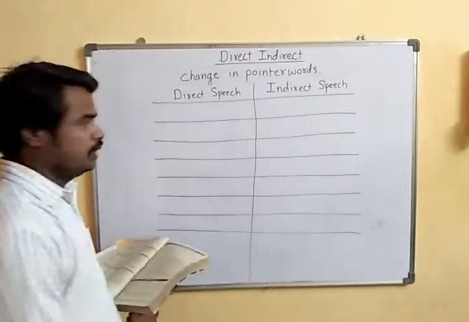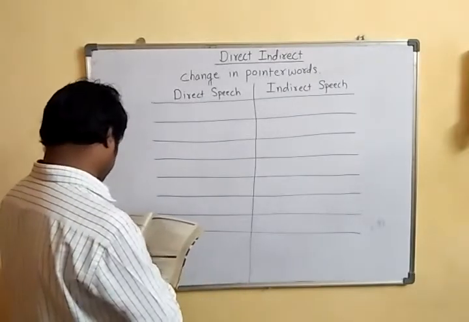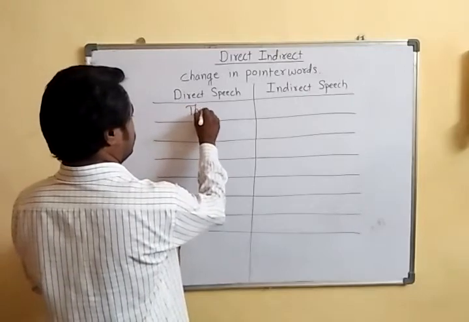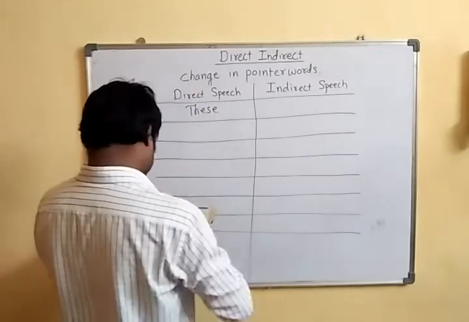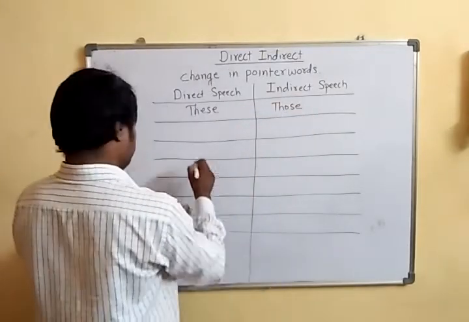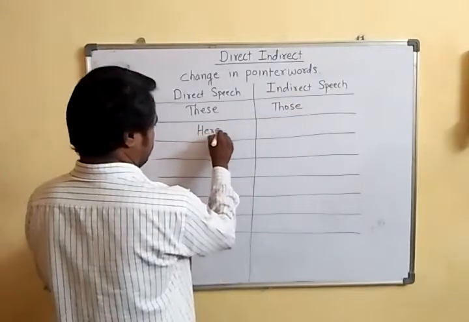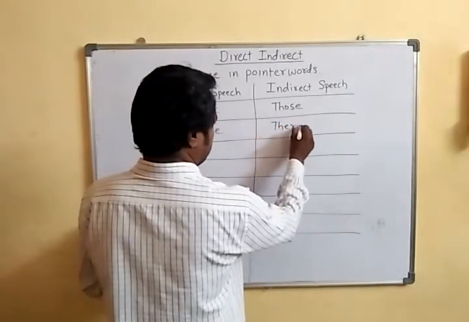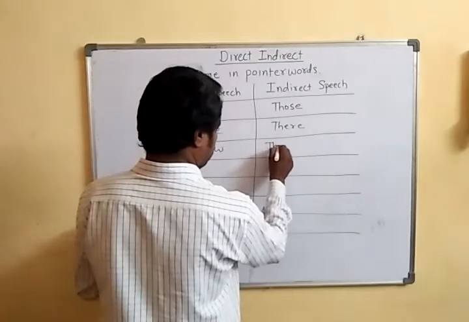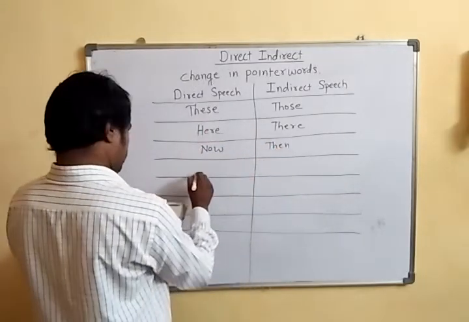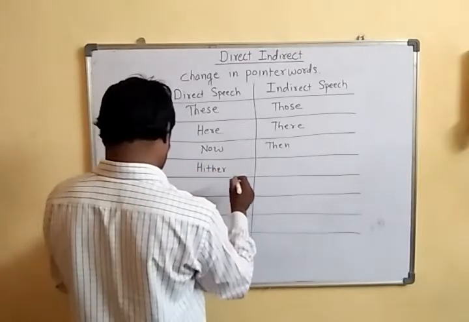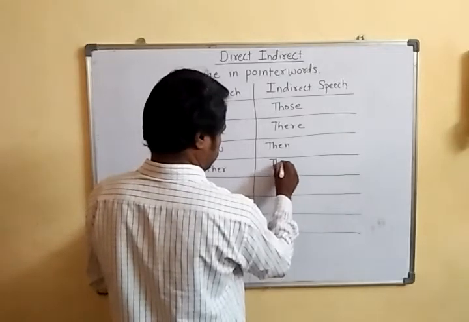Now this is the last chart. If in a direct sentence this pointer word is there, then it will become those. If it is here, it will become there. If it is now, it will become then. If it is hither, it will become thither.